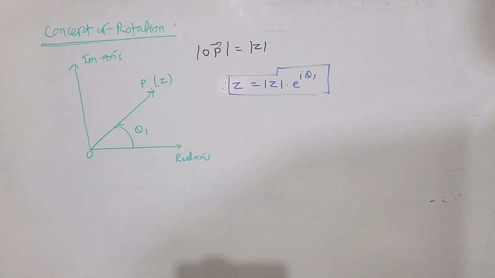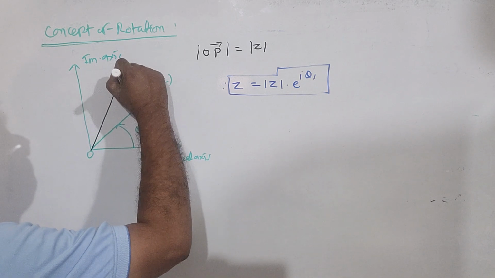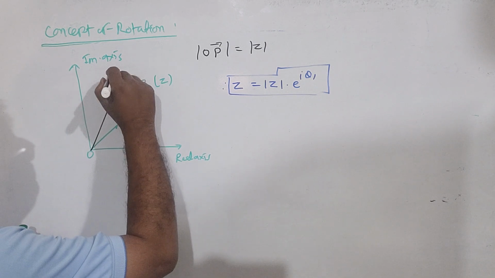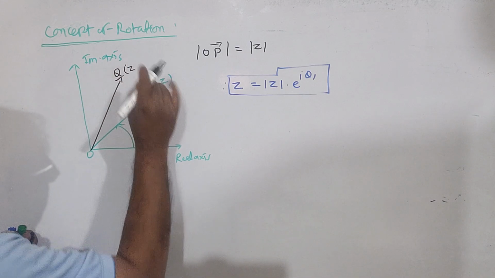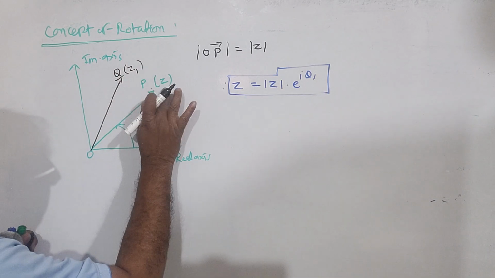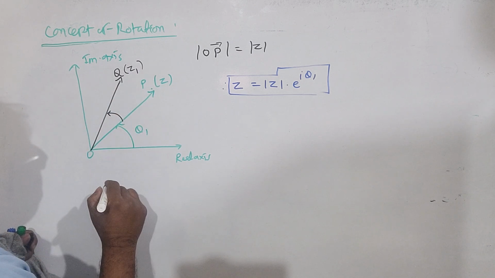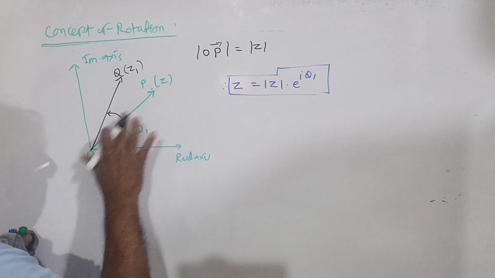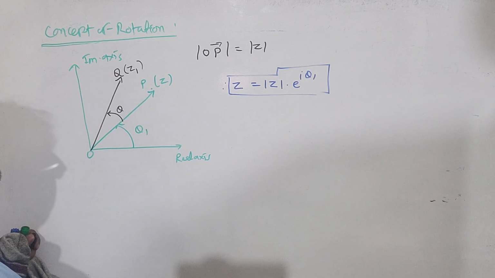Suppose that I am rotating this complex number anti-clockwise by theta degrees. So this is the new position. The new position of Z is Z1, and this position is obtained after rotating this vector OP by theta degrees in the anti-clockwise direction.